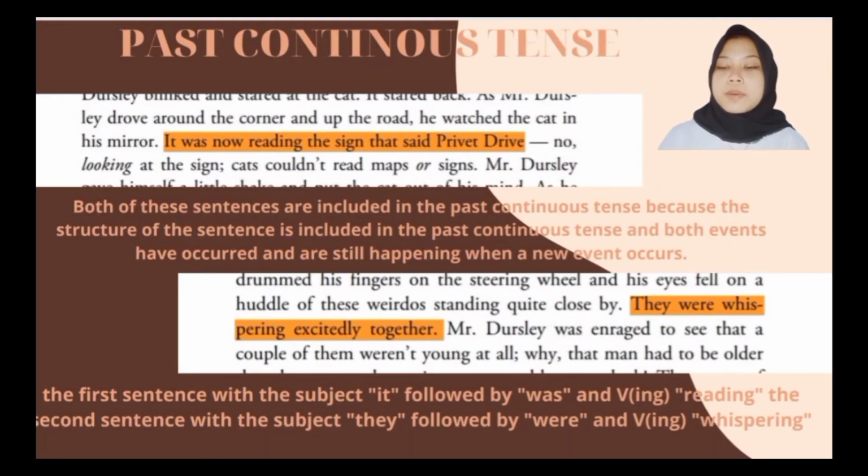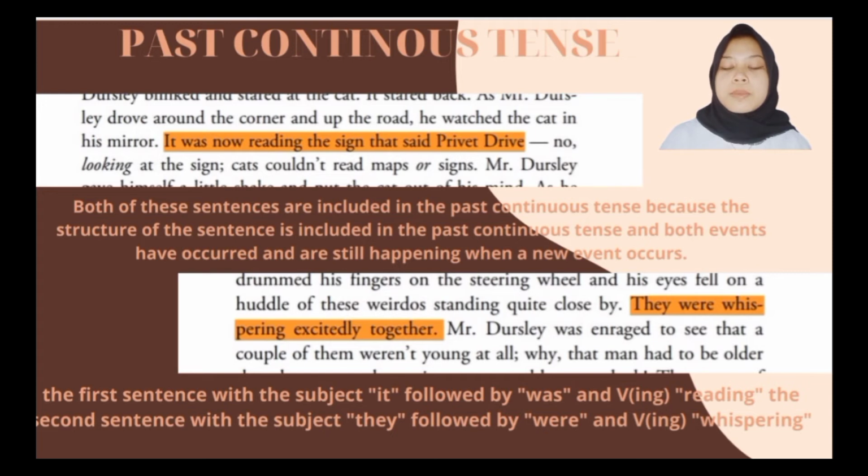And the next is past continuous tense. The first sentence is: it was now reading the sign that said Private Drive. And the second sentence is: they were whispering excitedly together.